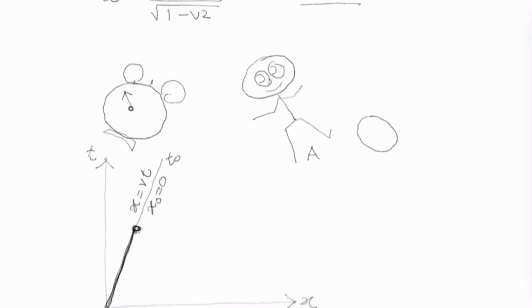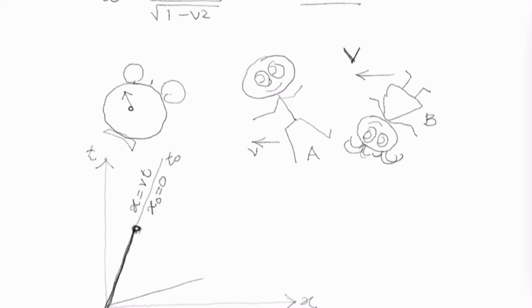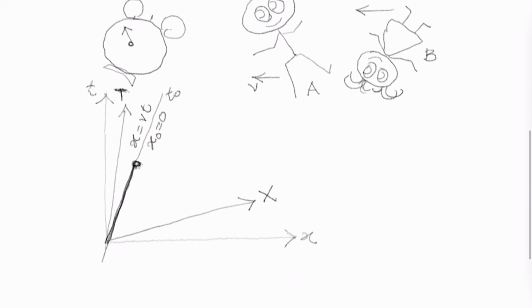Now imagine another observer B, moving with velocity capital V. This is her frame of reference, capital X and capital T. No matter what the speeds of moving observers are, or whether such moving observers exist or not, the time read by the clock is the time read by the clock.